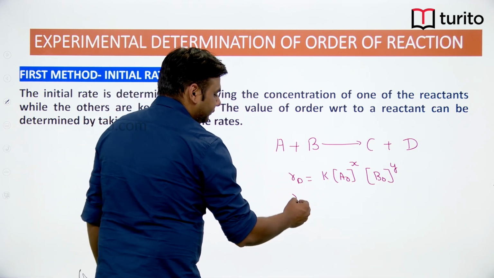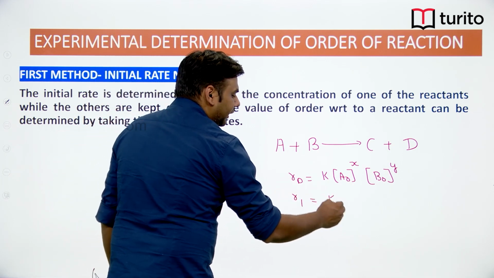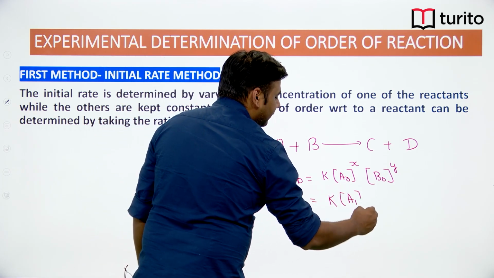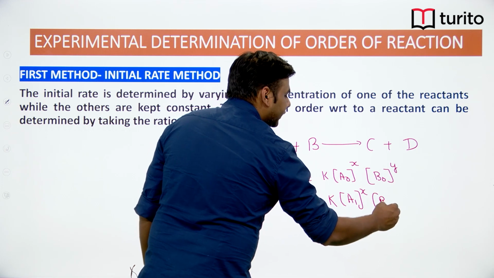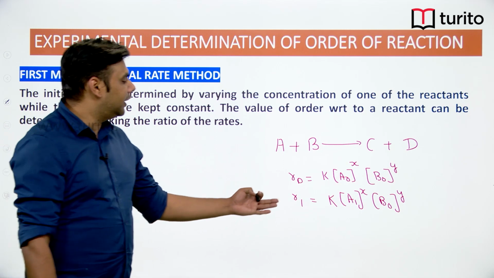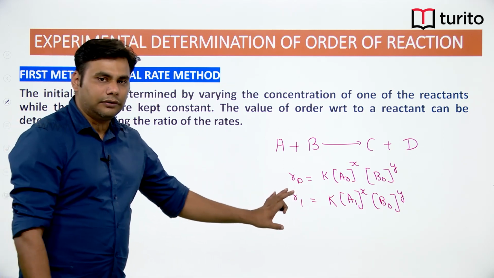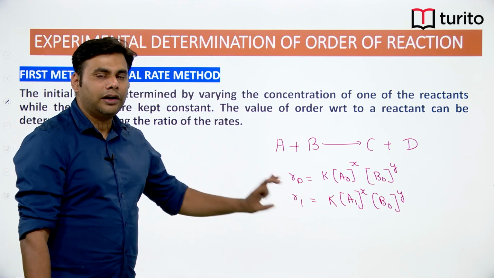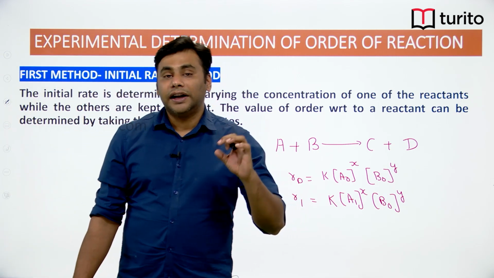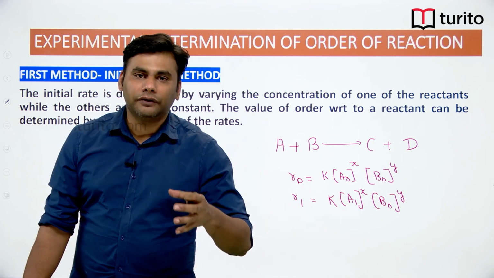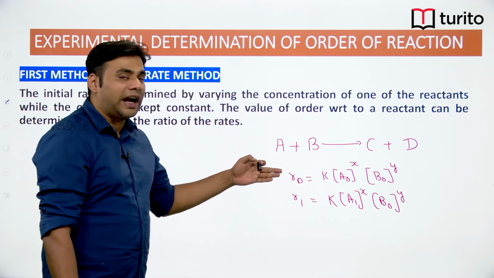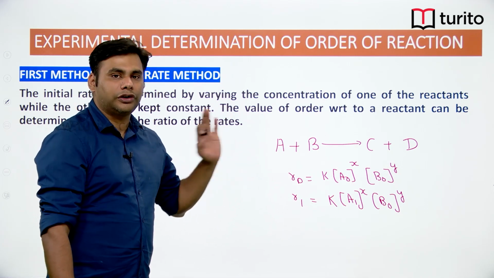Suppose in this case we vary the concentration of A. We take the concentration as A1 and keep the concentration of B as B naught only. So we get a new rate law expression. We are keeping the concentration of one reactant constant and changing the other, and writing the rate law based on those concentrations.